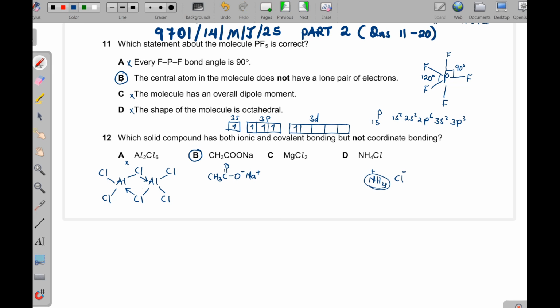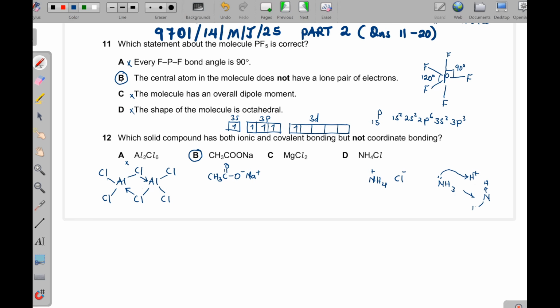But the ammonium ion is formed from ammonia, which has a lone pair of electrons, and it is donated to the proton. So they are sharing electrons. Nitrogen has given its 2 electrons to this hydrogen here. So that is coordinate bonding.